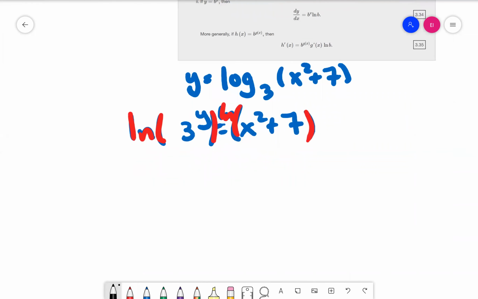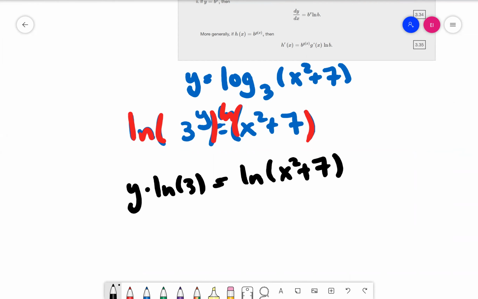And now you can use properties of logarithms to simplify that. You get y times natural log of 3 equals natural log of x squared plus 7. And now you just take the derivative. So we're going to take the derivative of both sides. We're going to apply d dx to both sides.